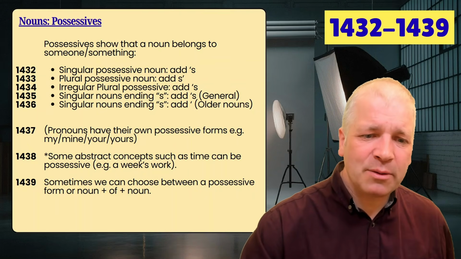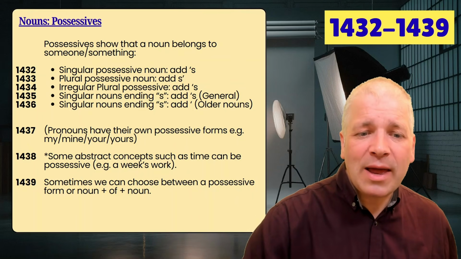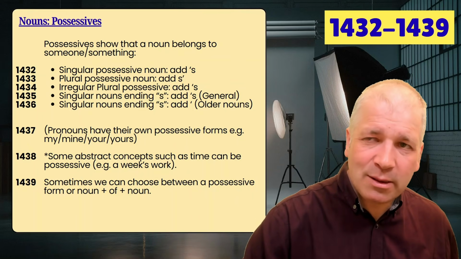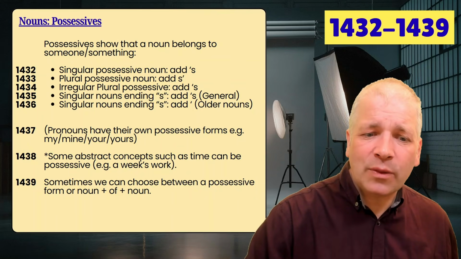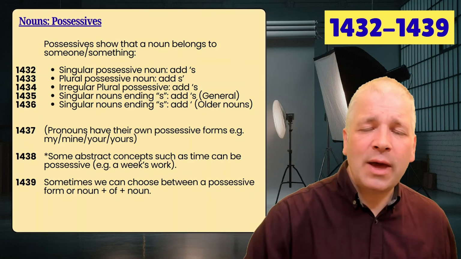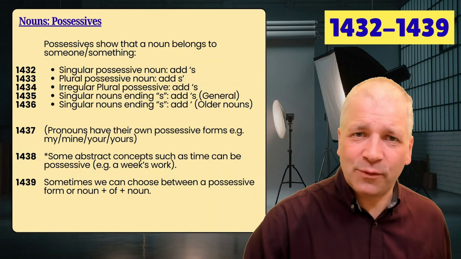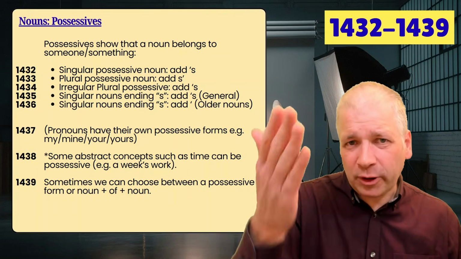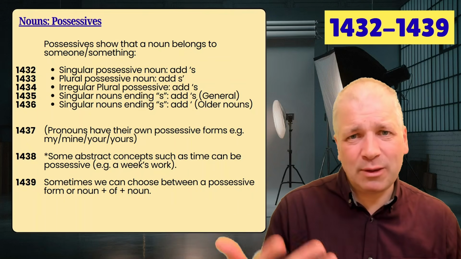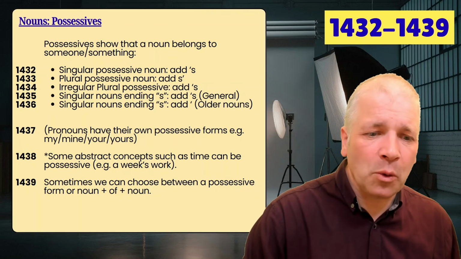For singular nouns ending in s, add apostrophe s. For singular nouns ending in s, if they're older forms, then just use the apostrophe after the final s. So Jesus, for example, finishes in an s, just put an apostrophe, no extra s. This is what we do with the old form.